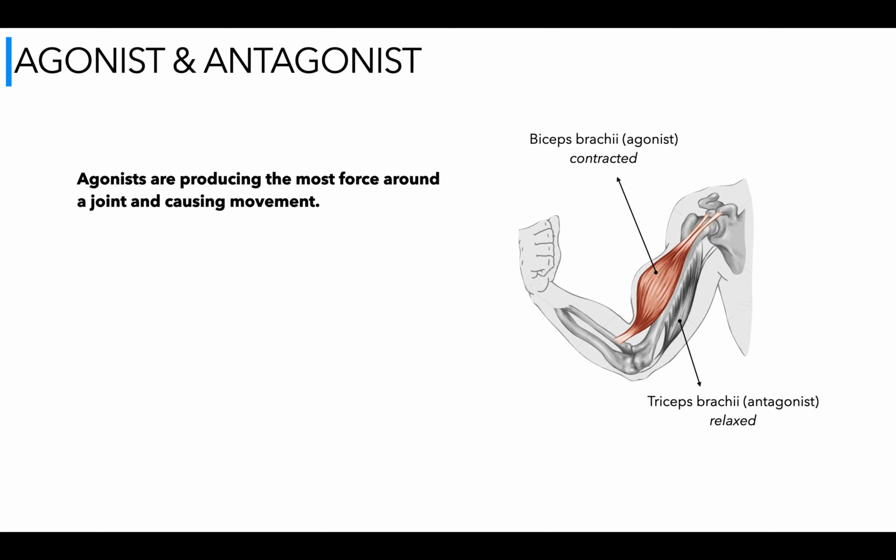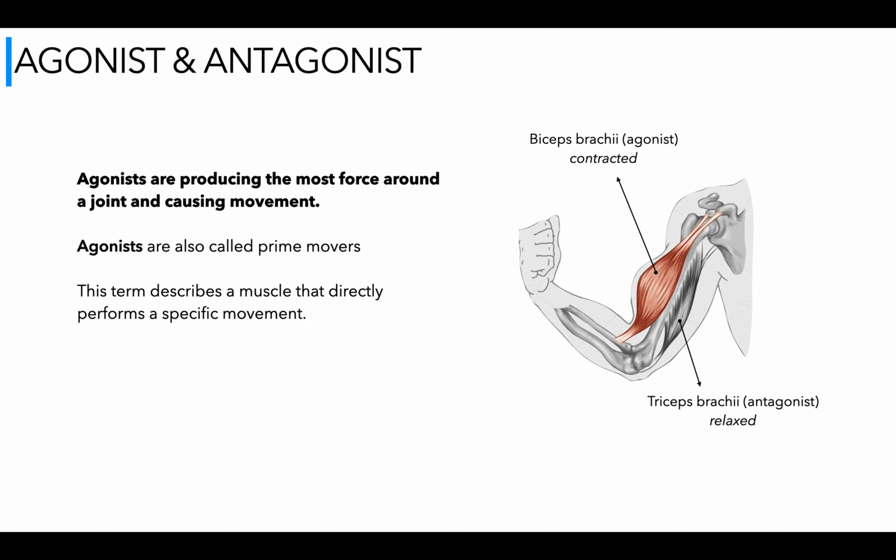On the picture there you can see flexion of the elbow, so the biceps brachii is the agonist. Because they provide the major force, they're also called prime movers. Agonists are also called prime movers because of that reason.